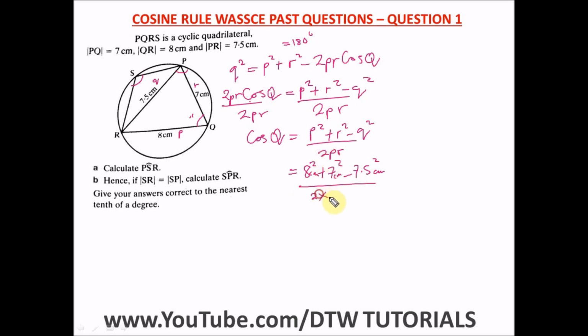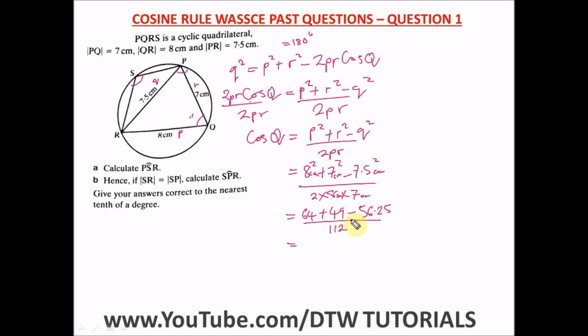And we have 2 times P, which is 8, times R, which is 7. Centimeter, centimeter. So here we have 8 squared is 64 plus 7 squared is 49, then minus 7.5 squared, which is 56.25, divided by 2 times 8 is 16, and 16 times 7 we have 112.